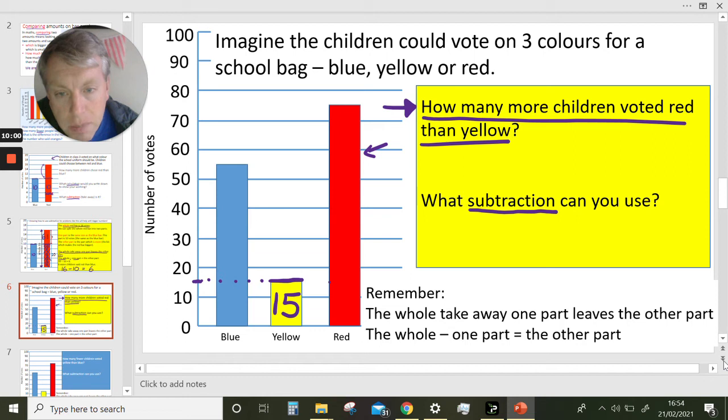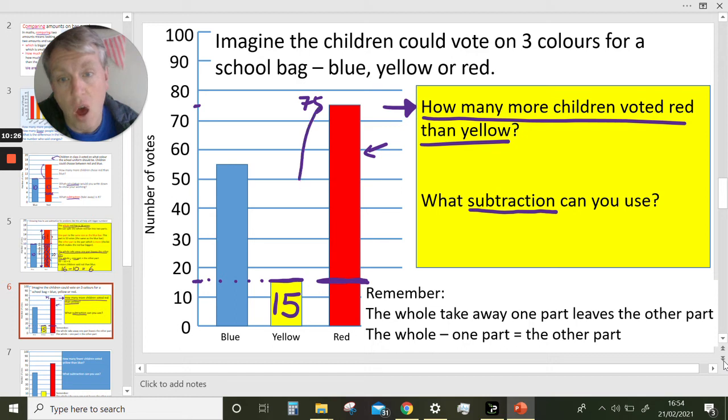So I've got to remember that I've got a whole red bar and I'm going to split it into two parts, just like the previous example. Oh, sorry, I must read the value of the whole red bar. Forgotten to do that. So the whole red bar, all of that red bar, is halfway between 70 and 80, is 75.